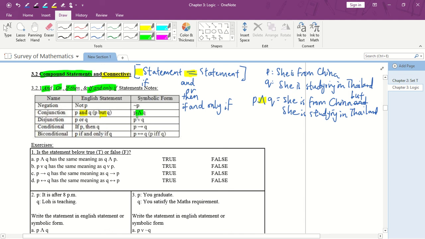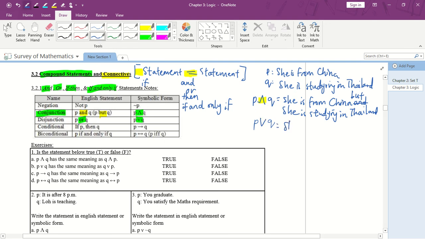With this sign, and with but, we call it a conjunction. Another one I can use is the word or. So P, Q, but I use the word or. If you use the word or, you are using a V sign.